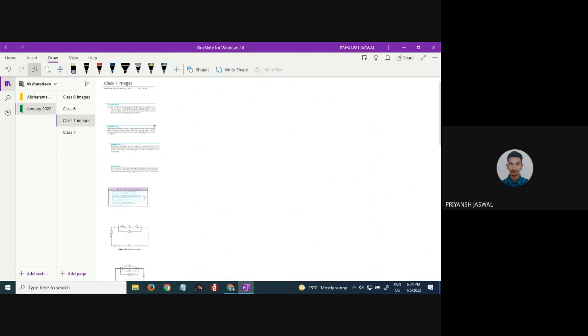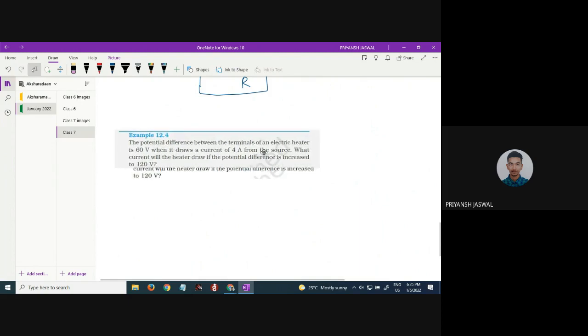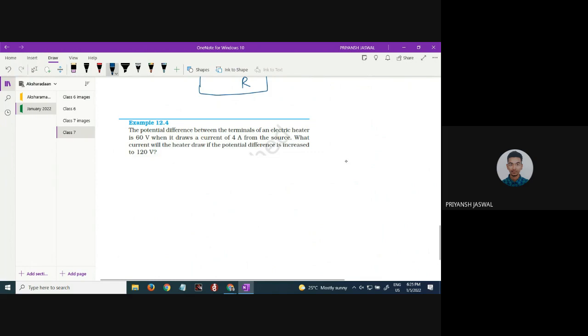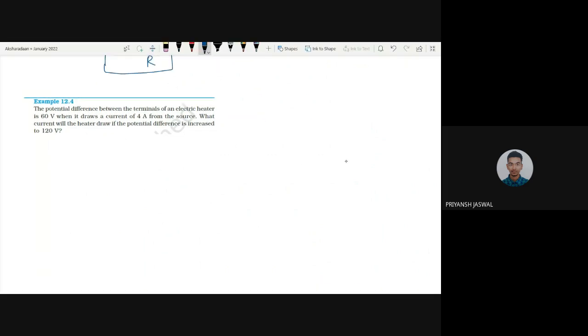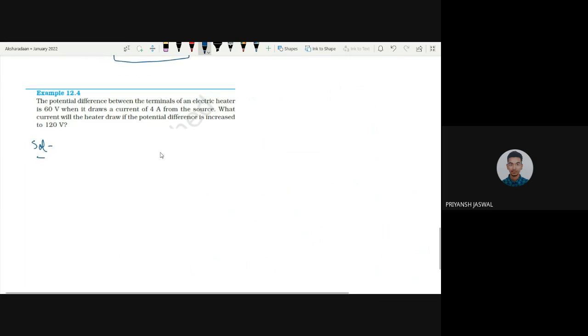Let's move on to the next question. The potential difference between the terminals of an electric heater is 60 volt when it draws a current of 4 ampere from the source.